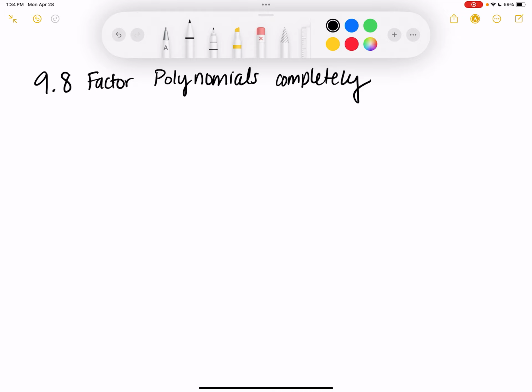And so just jumping into examples here, we've got number 4, 5y times y plus 3 minus 2 times y plus 3. So these things here match.